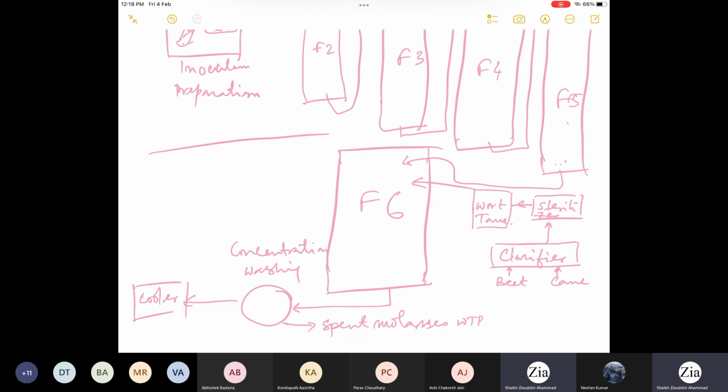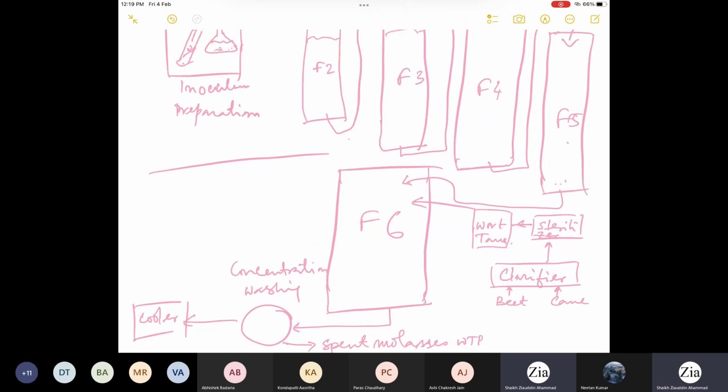While operating all these inoculum preparation reactors as well as the final fermenter, a few control parameters are continuously monitored. One is pH, then temperature, antifoam. Antifoam is more important for the final fermenter, and also the substrate concentration.